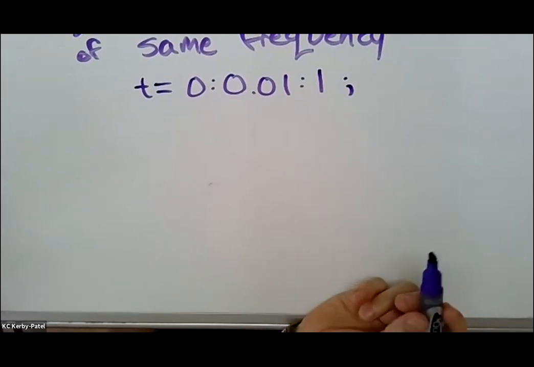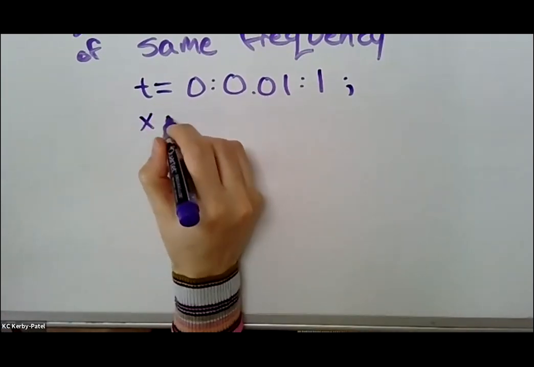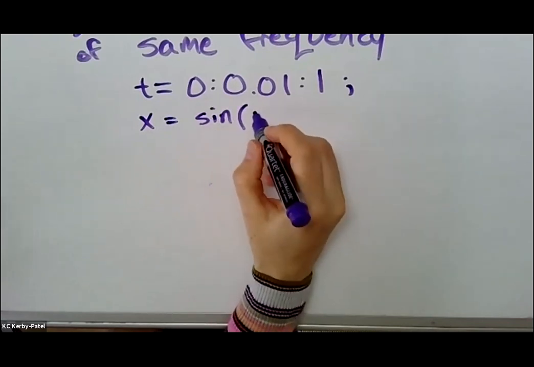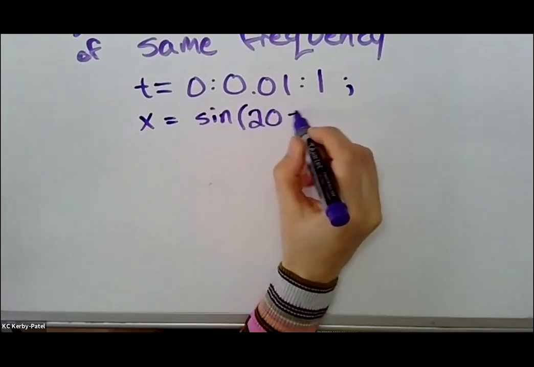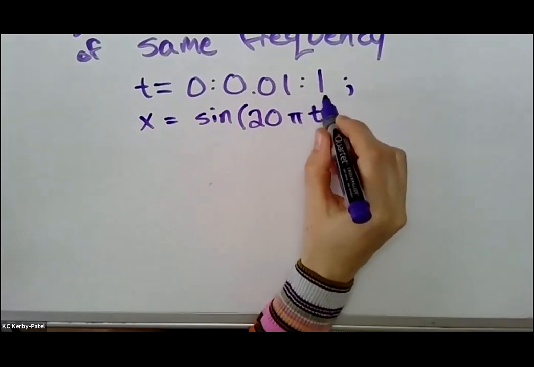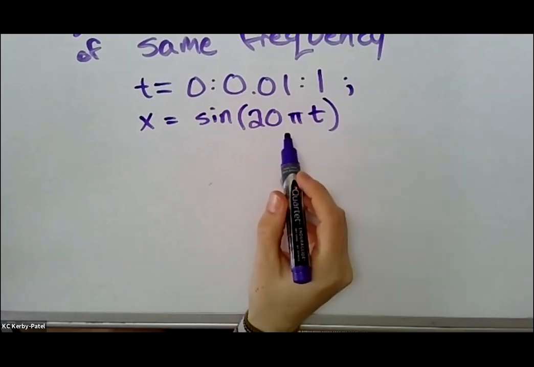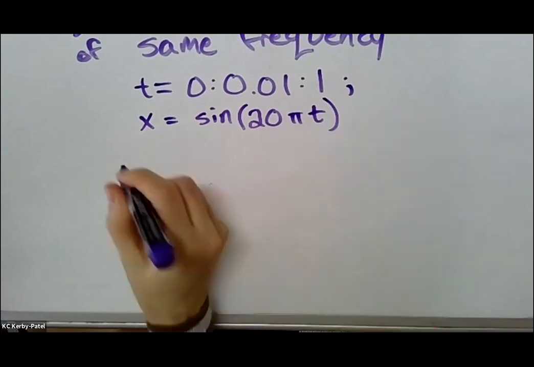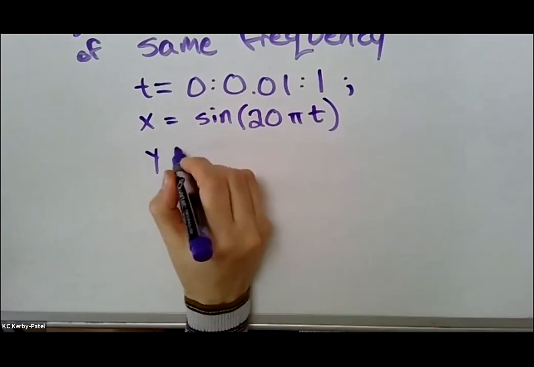Otherwise it prints everything to the screen. That's kind of annoying. I am arbitrarily choosing my frequency to be 10. Remember that in Matlab, you would actually have to use the star to do the multiplication, but I'm not writing those down because that's annoying to write.